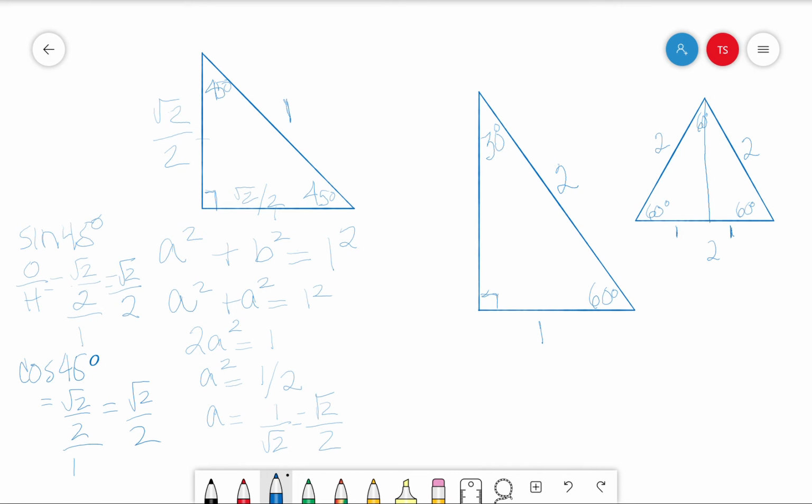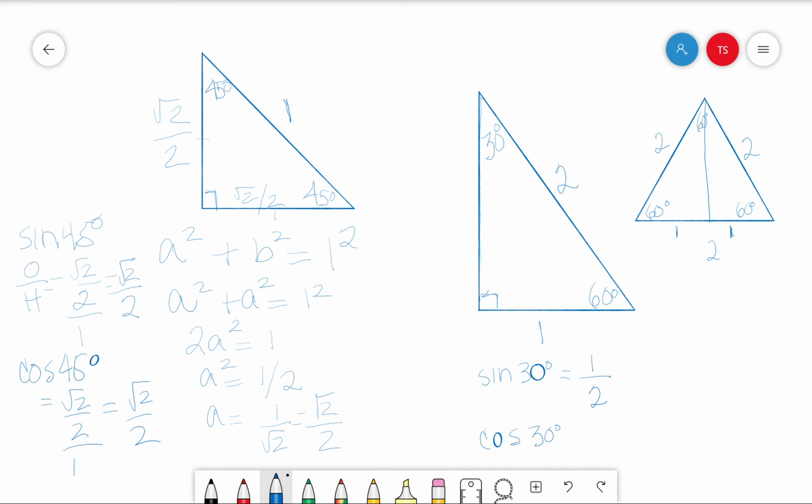And so if I wanted to look at the sine of 30 degrees, it's going to be the opposite side 1 over the hypotenuse, which is 2. And the cosine of 30 degrees, well, I need the adjacent side here. So I'll use Pythagorean theorem.